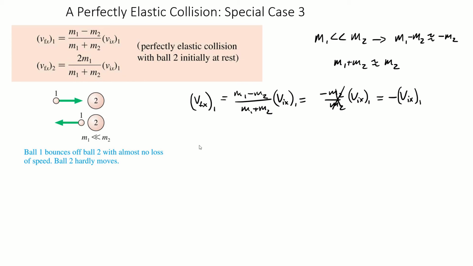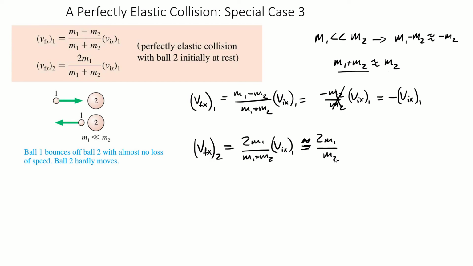What about the bowling ball that we threw the ping pong ball at? Well, 2m1 over m1 plus m2, times the initial x velocity of object 1. This is going to be 2m1 over m2, right? Because, again, the sum in the denominator is approximately m2, so use the approximate m2 there.